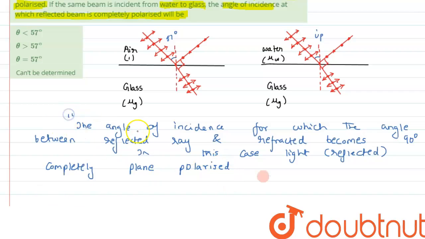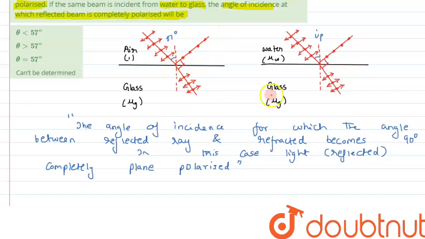Alright, so this is the definition, or we can say the statement for Brewster's law. As we can see, there is an unpolarized light that has been incident at an angle of 57 degree. So when the angle between the reflected ray and the refracted ray becomes 90 degree, at such an angle we can say the reflected light is completely plane polarized.